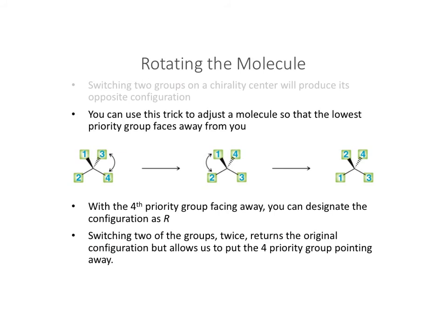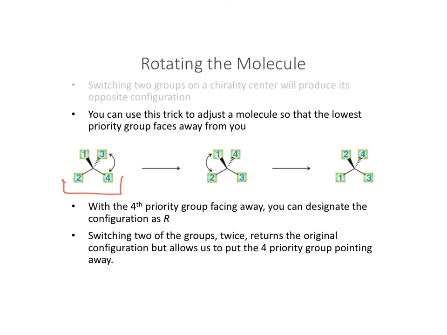Knowing that by switching 2 groups, you get the opposite configuration, you can redraw the molecule on paper to get the lowest priority group back. So for example, if I have this molecule, and in order to figure out R and S, I need the lowest priority group, group 4, on the dashed wedge back.